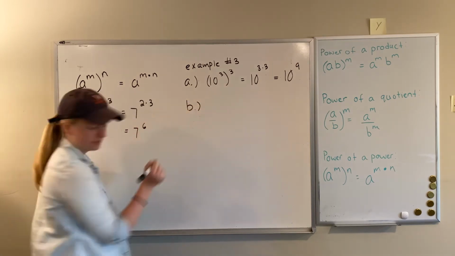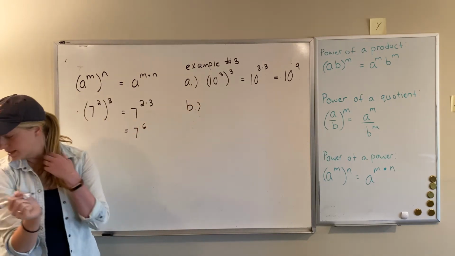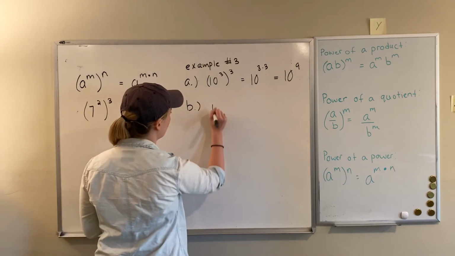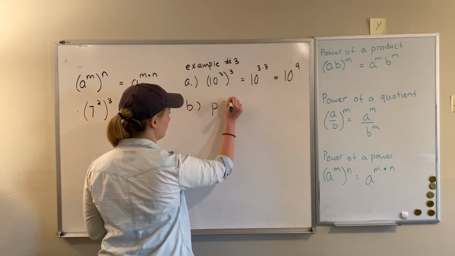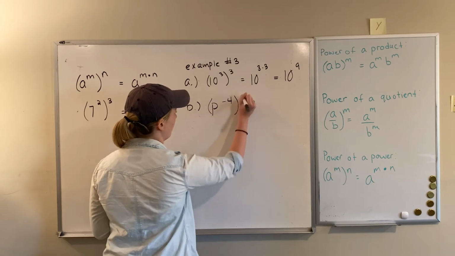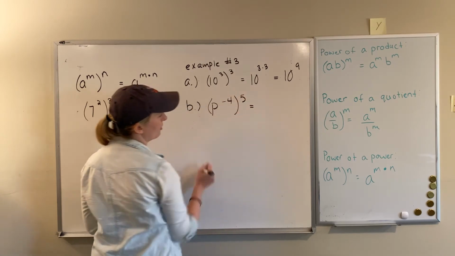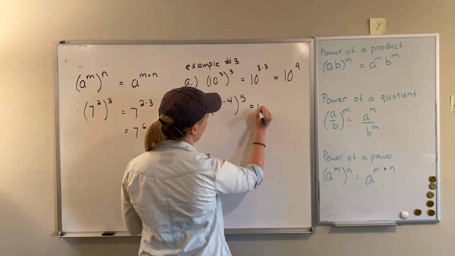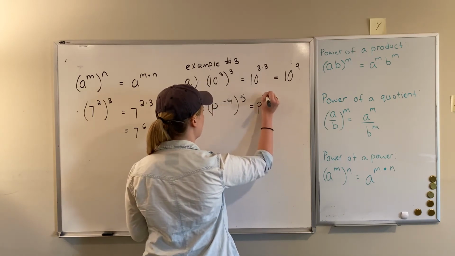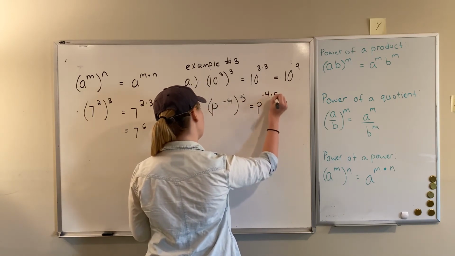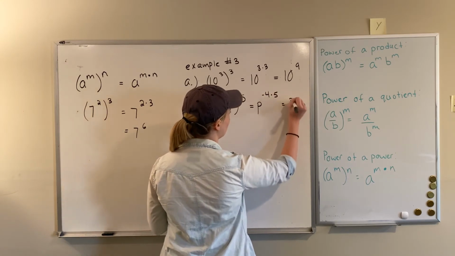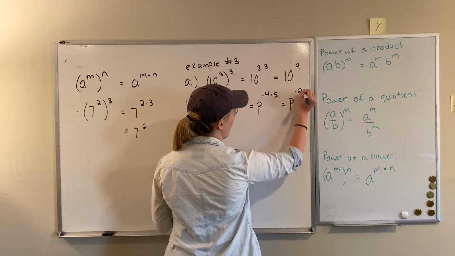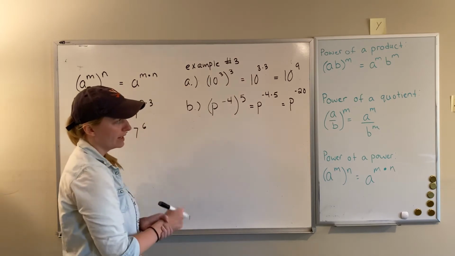B, we have p to the negative 4th being raised to a power of 5. Our power rule says if we have a power to a power, we multiply. So we have p raised to negative 4 times 5. P is equal to the power of negative 20.